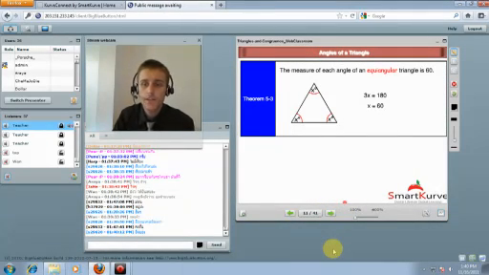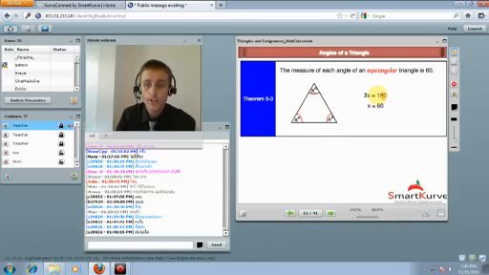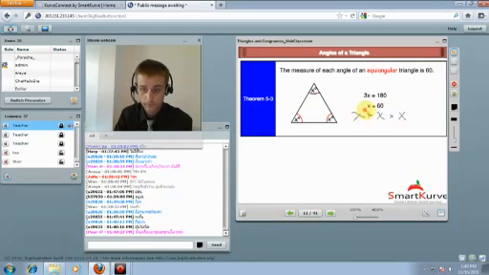The measure of each angle of an equiangular triangle is 60. All 3 angles equal each other, so it is 3x. It's not x times x times x. It's x plus x plus x, or 3 multiplied by x.